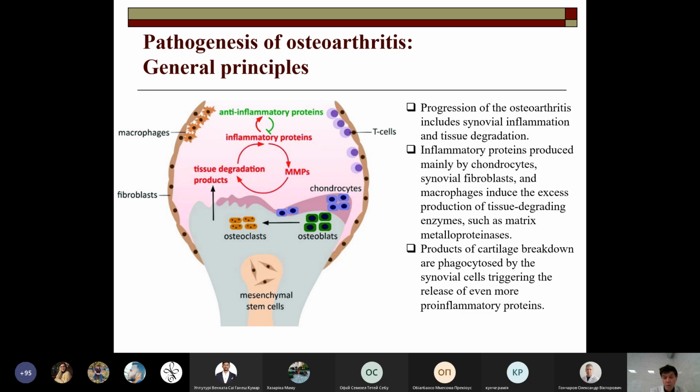So finally, the overexpression of pro-inflammatory cytokines leads to infiltrative changes in the extracellular compound, and thereby in turn leads to a decline in the number of chondrocytes.